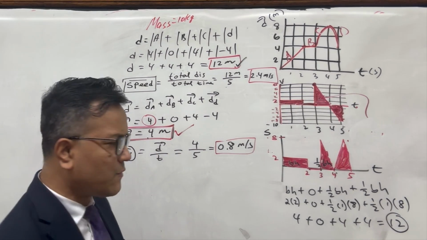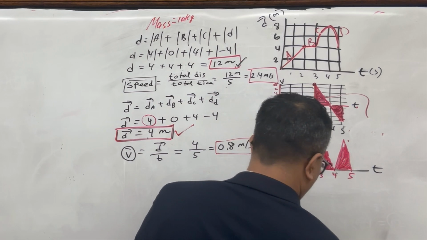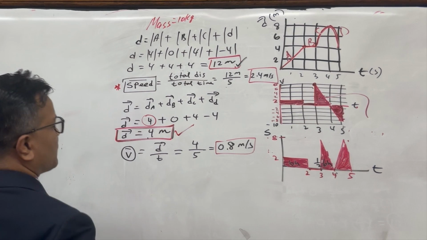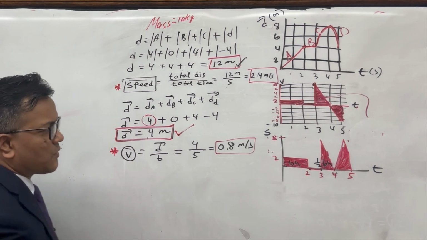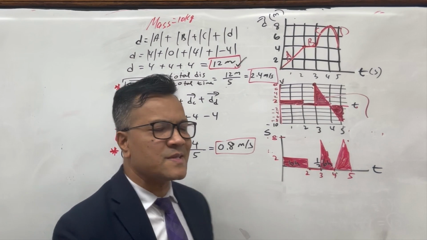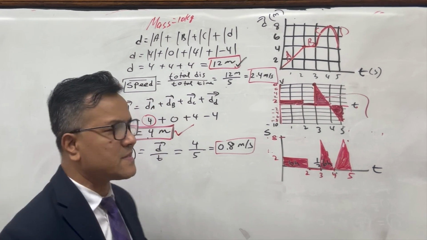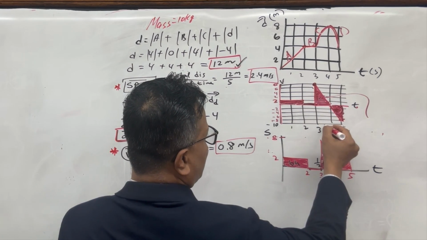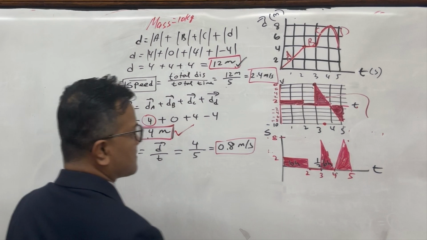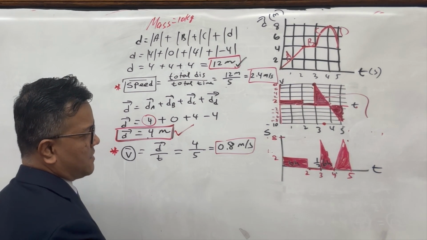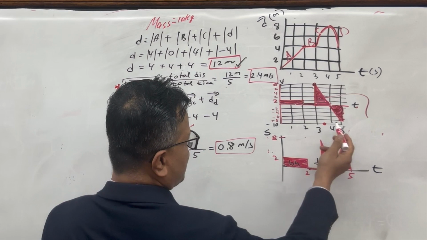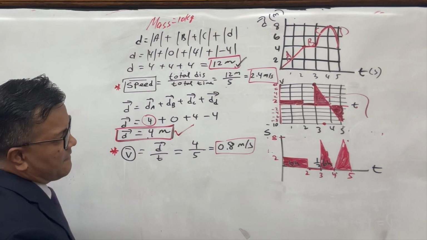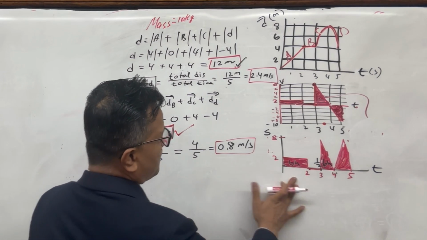Good. Now we're going to find the instantaneous velocity. We found the speed. We found the average velocity. Now we're going to find the instantaneous velocity. What is the instantaneous velocity at, let's say, 3.5 seconds? To find the instantaneous velocity at 3.5 seconds, well, you can do it many ways.